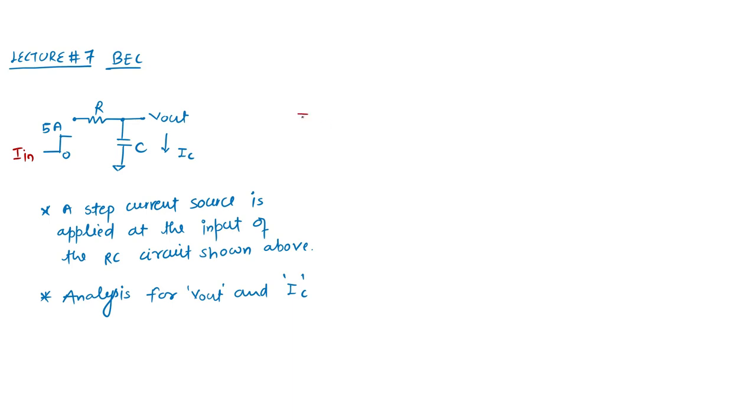I can also draw the diagram like this: this is my R, this is C, and we are applying a current source, which I call IN, and this IN is suddenly changing from 0 to 5 ampere. IN equal to 0 simply means open circuit.